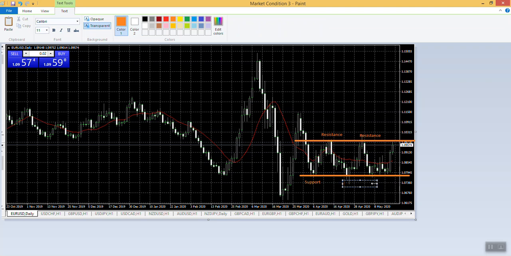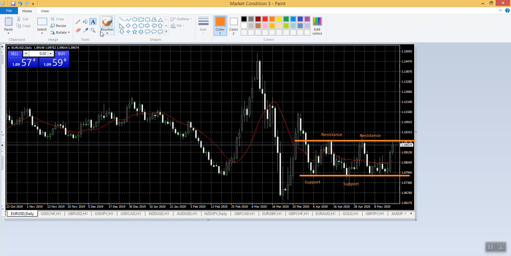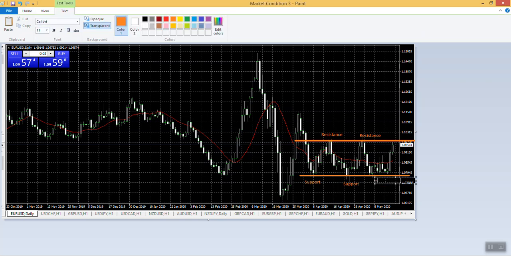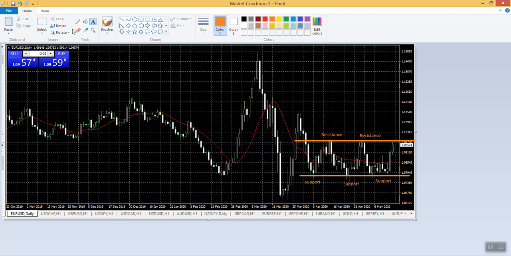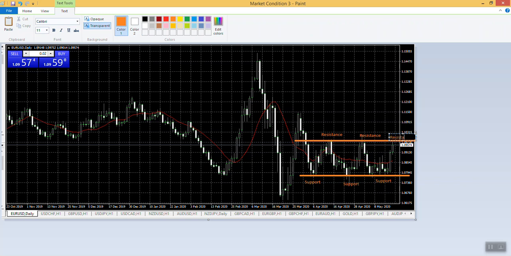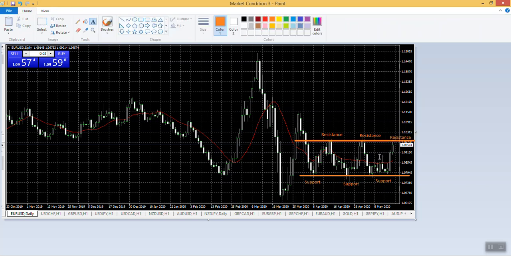Here we also have another support down here. You see, we have a support here. Then up here we have what we call the resistance. Now this is what we're going to be looking for in this daily trend.